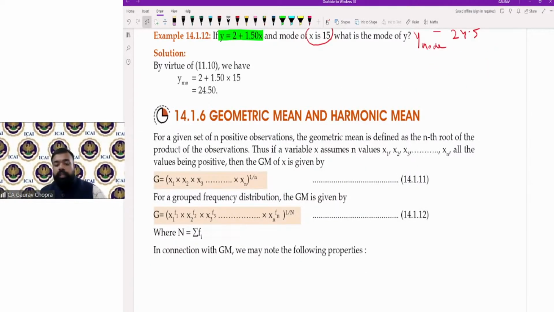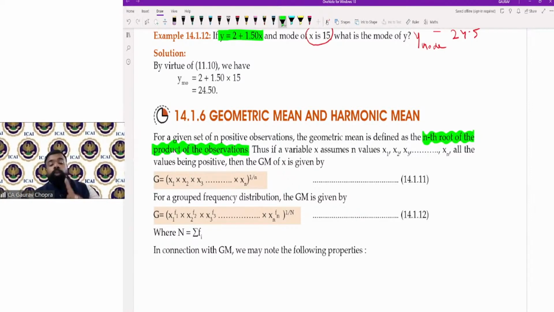Now, the next topic which is available is geometric mean. Basically, what is geometric mean? Geometric mean is defined as the nth root of the product of all observations.